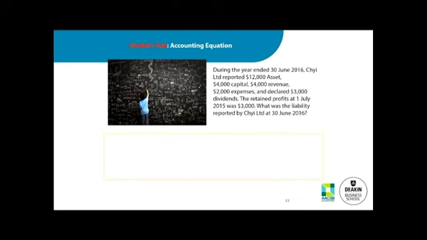Okay, now let's go through this task. During the year ended 30th June 2016, Shai Limited reported 1,200,000 asset, 4,000 capital, 4,000 revenue, $2,000 expense, and declared 3,000 dividends. The retained profit at 1st of July 2015 was $3,000. What was the liability reported by Shai Limited at 30th June 2016?